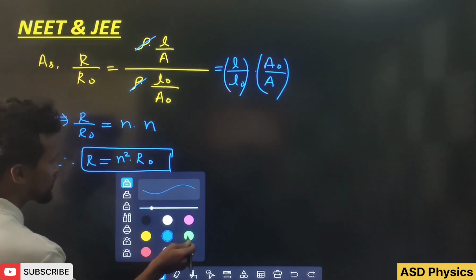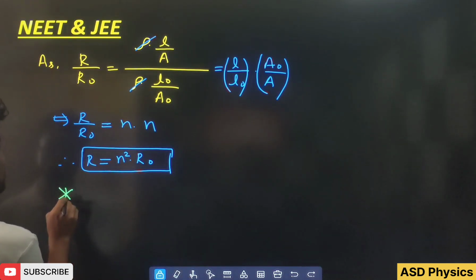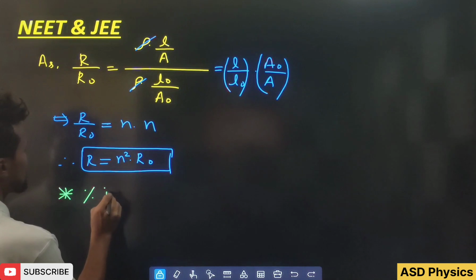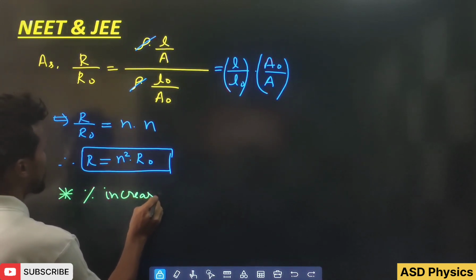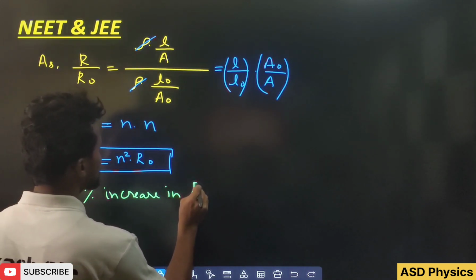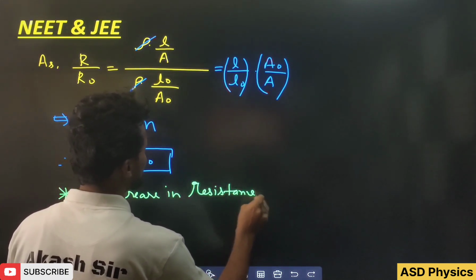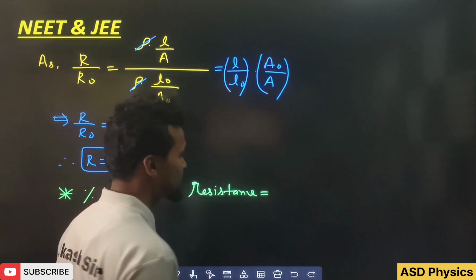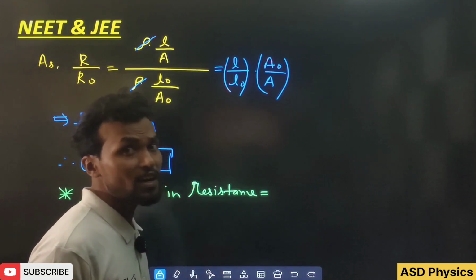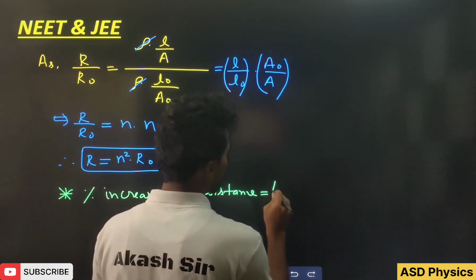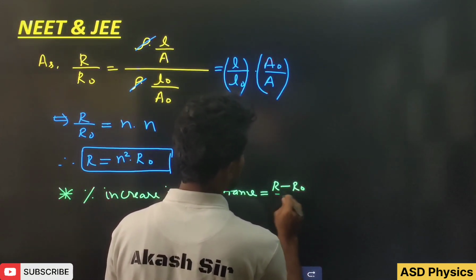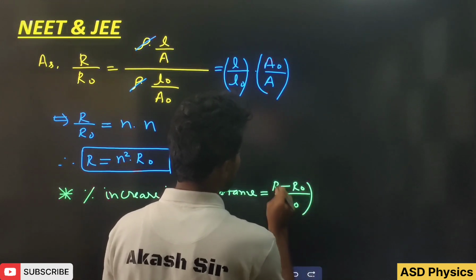Okay. After that, one more thing, please remember that they often ask for the percentage increase in resistance, or we may say the percentage change in resistance. Percentage change means delta R by R0, where delta R is given by R minus R0, with respect to the original, into 100.